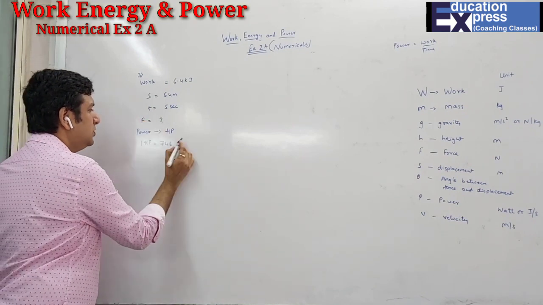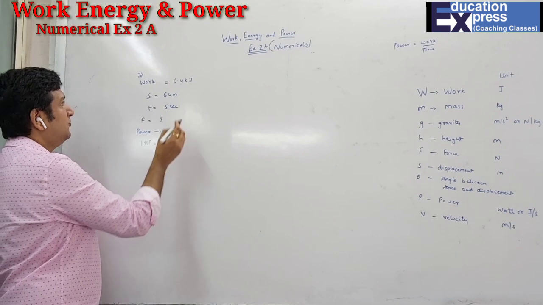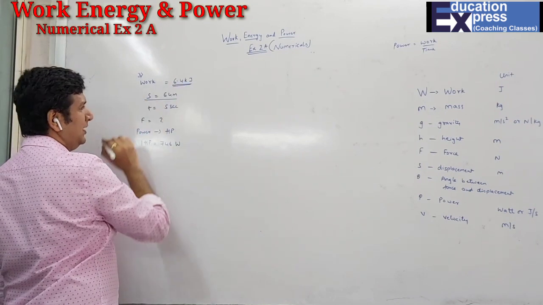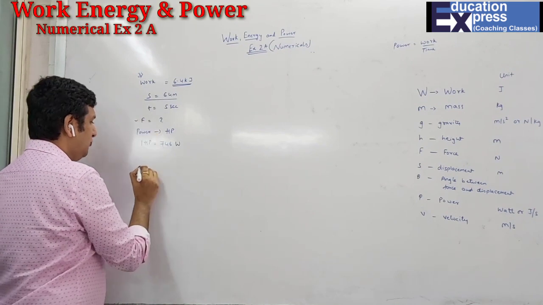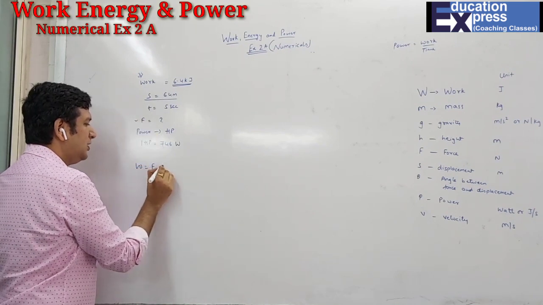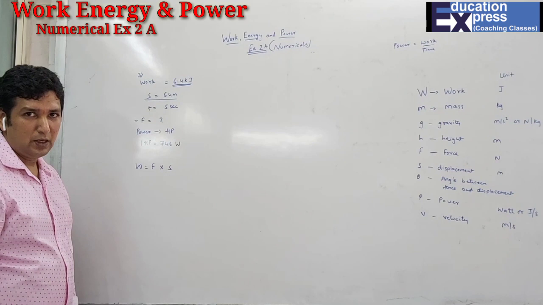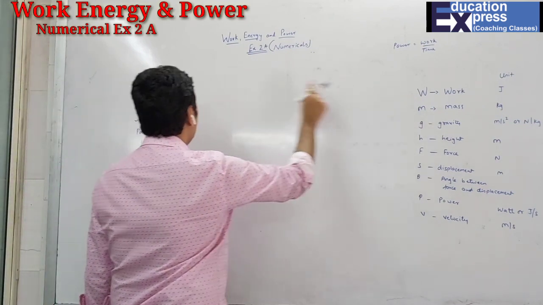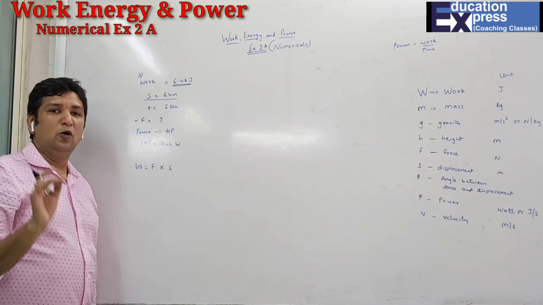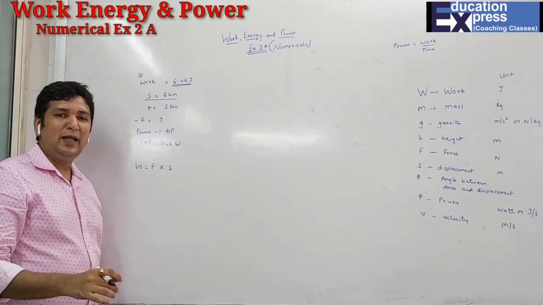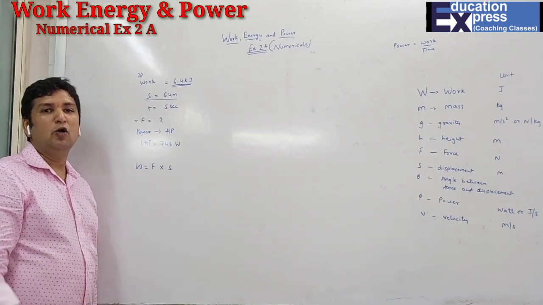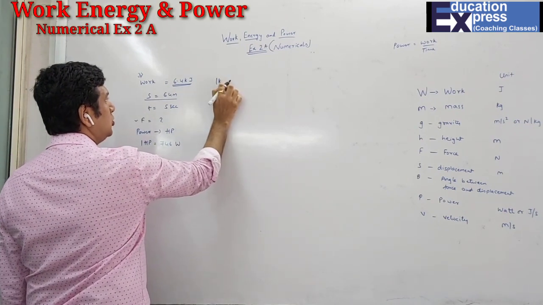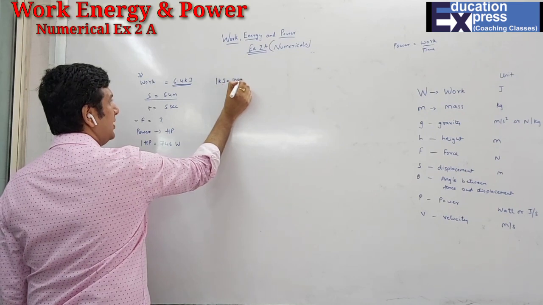Now over here, students, first of all, the work is available, displacement is available, and we do not have force. The formula we will go for is work is force into displacement. But the work is not in the proper unit because work has to be in joule and this is given to you in kilo. Whenever it's a kilo, always multiply by 1000 to get normal joule. Always remember that 1 kilojoule is equal to 1000 joule.